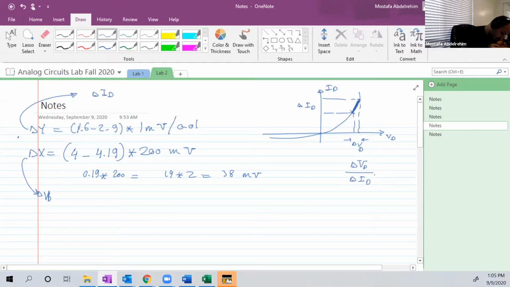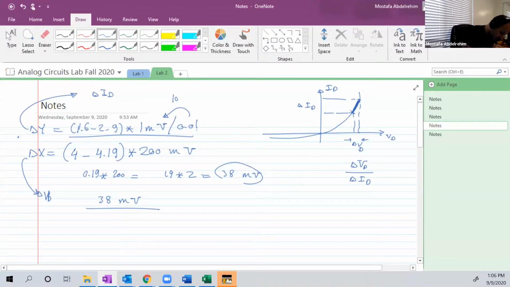So let's do that. This is 38 millivolts divided by this one here, which is very big. So 0.01 will go up here and will be 100.